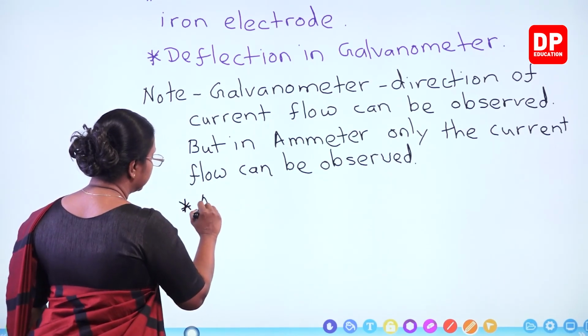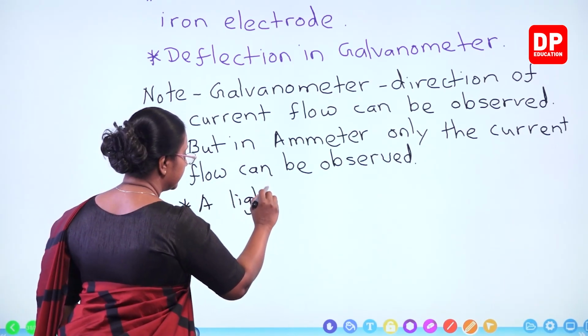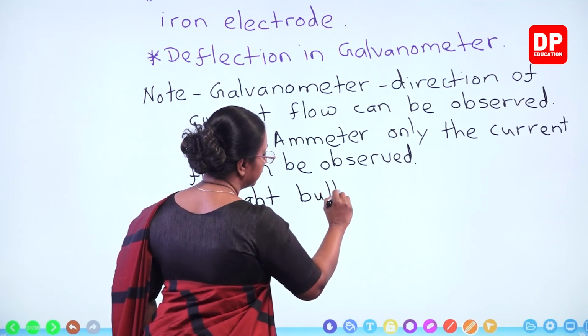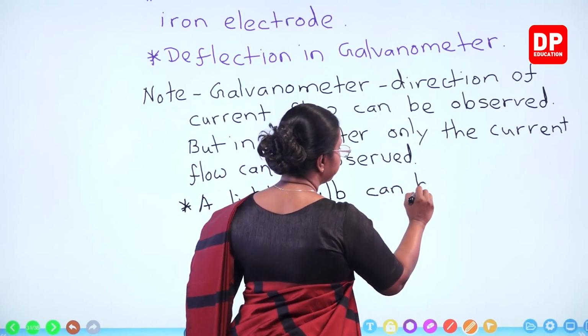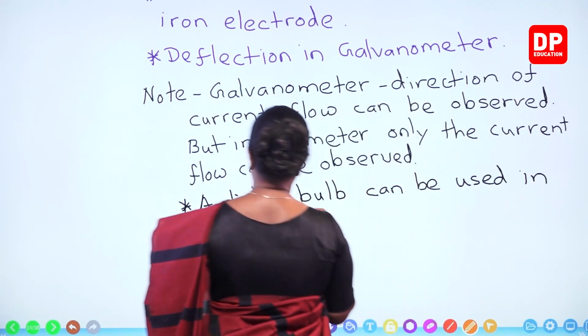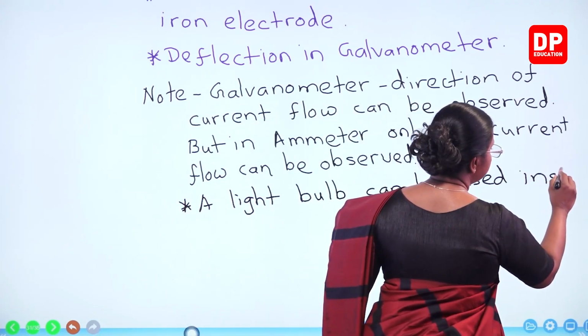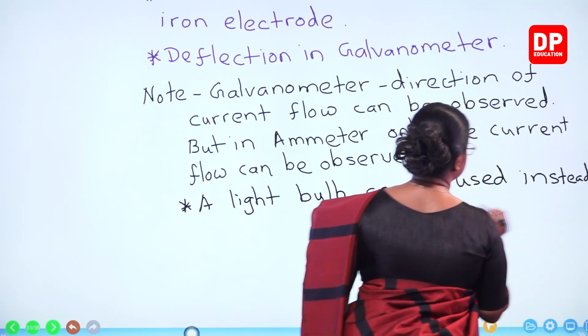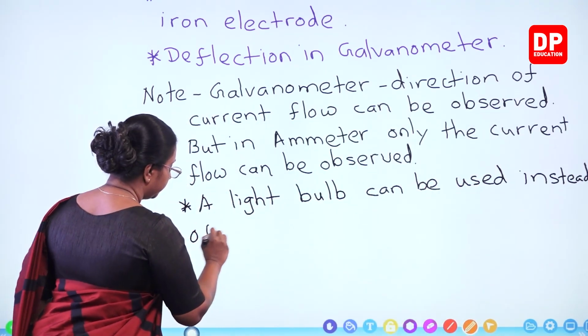Also, a light bulb can be used instead of the above.